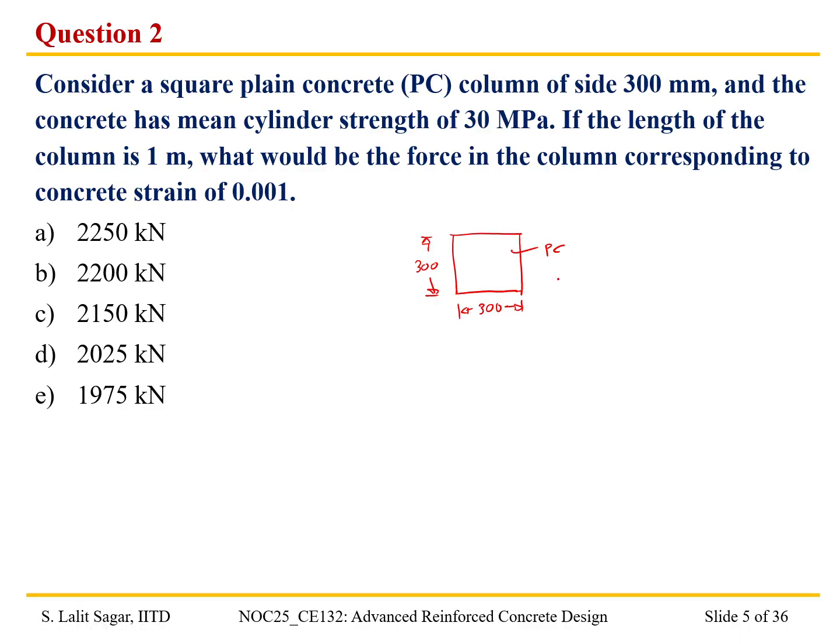The cylinder strength, that is F prime C, is equal to 30 MPa. We need to determine, corresponding to an axial strain of 0.001, that is epsilon c is equal to 0.001, what would be the corresponding column force? Okay, so that is the question.